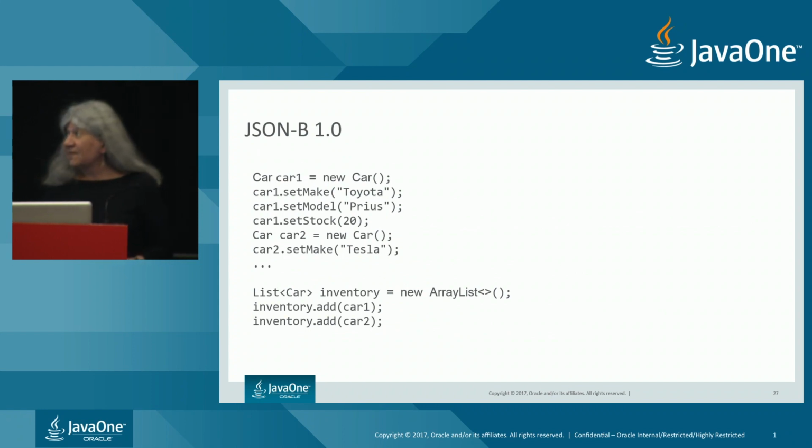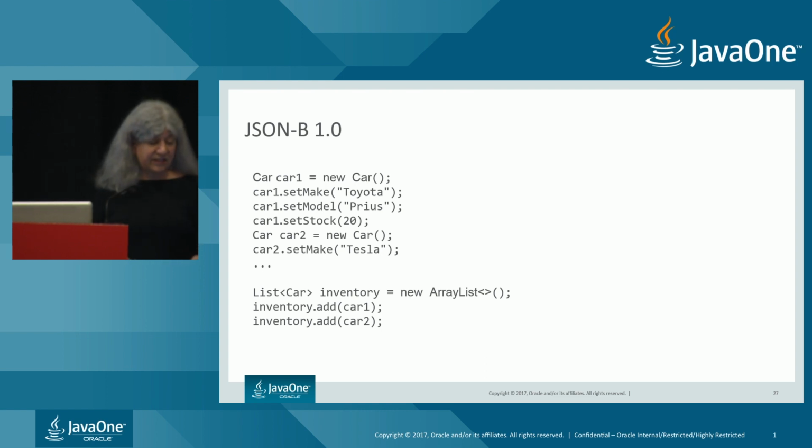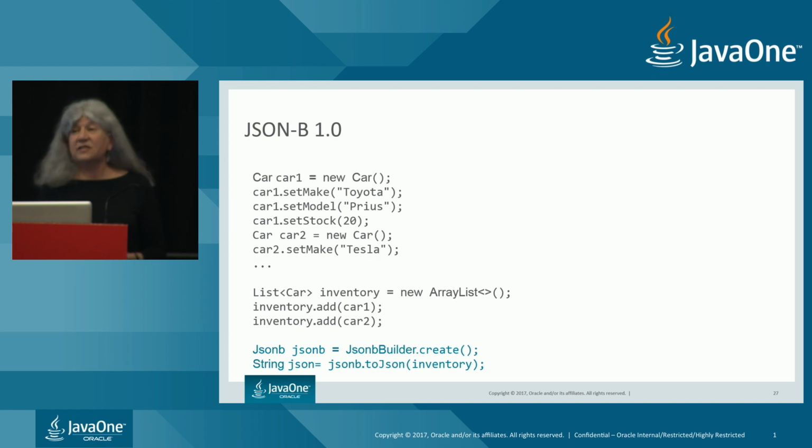So simple example, we have two cars. We're going to put them into a list. In Silicon Valley, maybe there are just Priuses and Teslas. I mean, they're pretty common here. And then using the Jsonb APIs, we use the builder to create an instance of the Jsonb class.